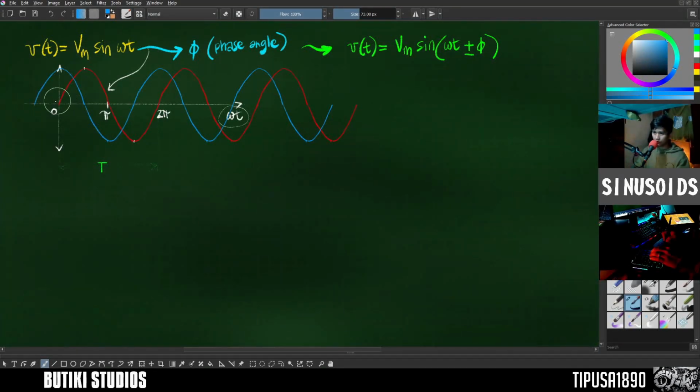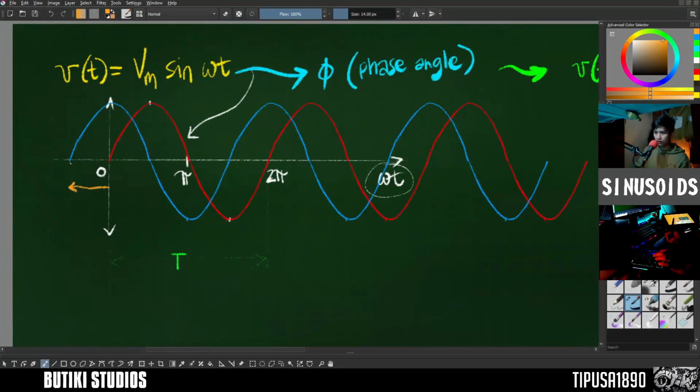From red, we shifted it toward blue. So that movement is where this angle comes from. The phase angle is the phase shift angle. So between red and blue, there is what you call phase shifting or phase shift. The same wave but shifted by phi degrees.